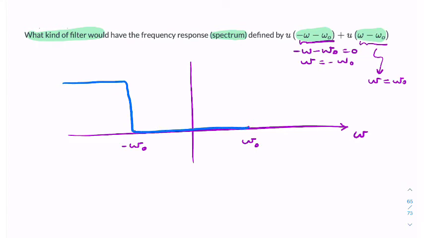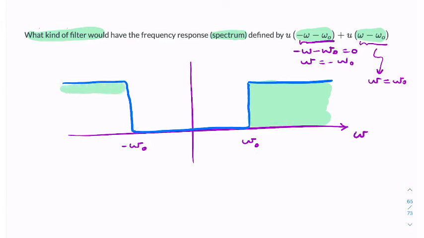And then at omega naught, we have a positive unit step. So that's the plus sign there. It's not reflected because we have a positive omega. So it goes up again, same amplitude, and continues. So this is the spectrum of my filter.